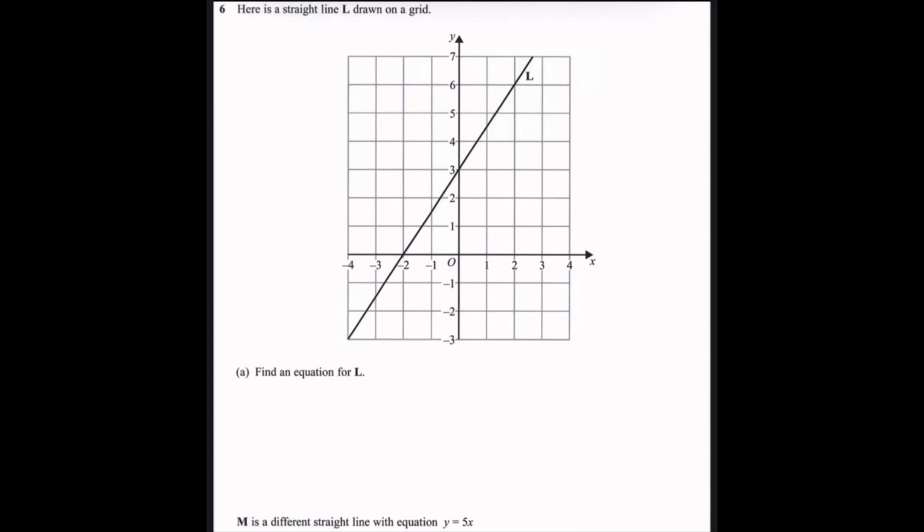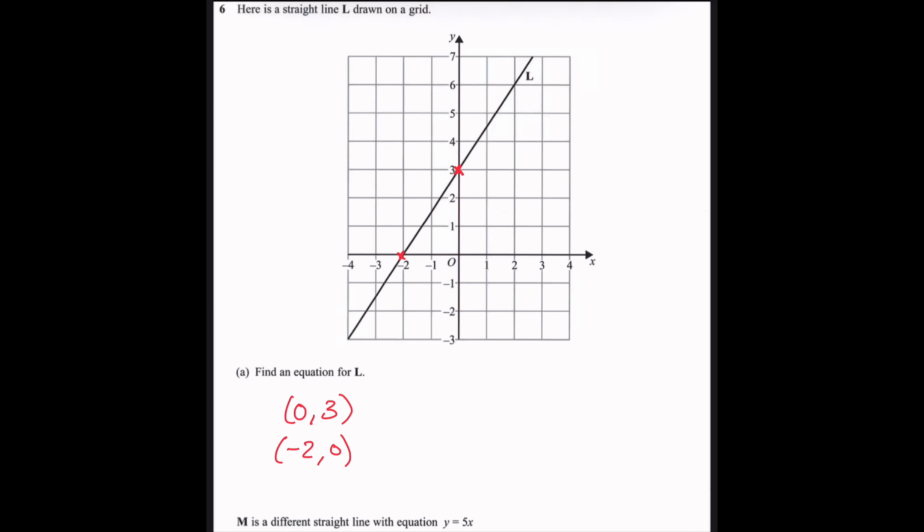To find an equation of a straight line, I only need 2 coordinates. Okay, any 2 coordinates and I can find the equation of a straight line. I have 2 coordinates. I know this coordinate here, which is 0, 3. And I know this coordinate here, which is -2, 0.